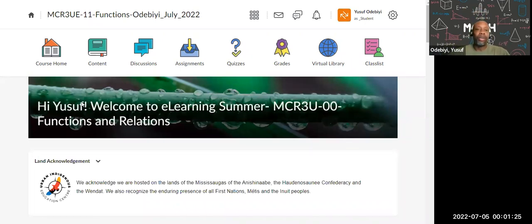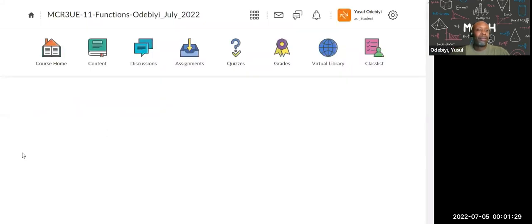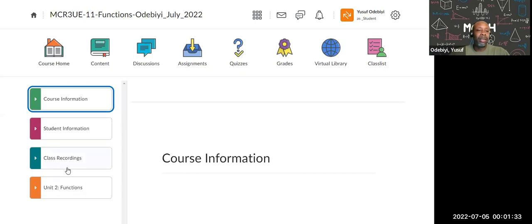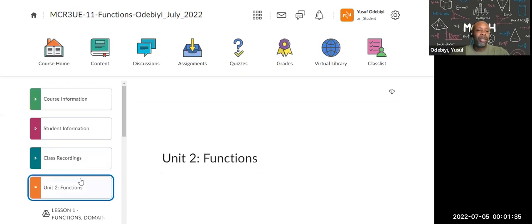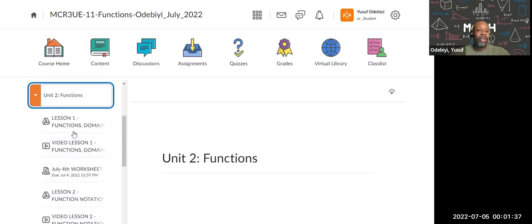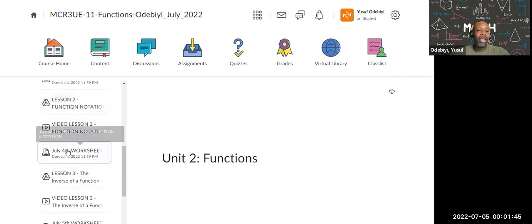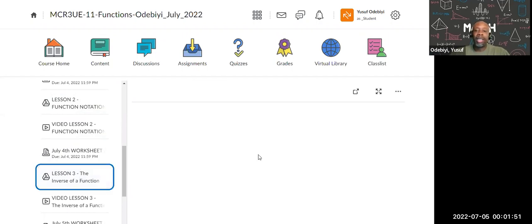Now I'm going to go to content, and under content, functions. We did lesson 1 and lesson 2 yesterday, and now we're going to lesson 3, which is the inverse of a function. I'm going to click on that.